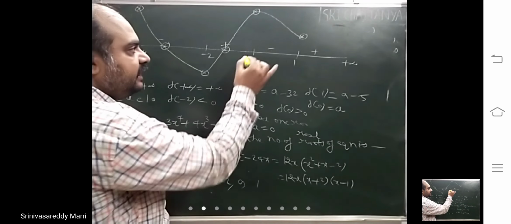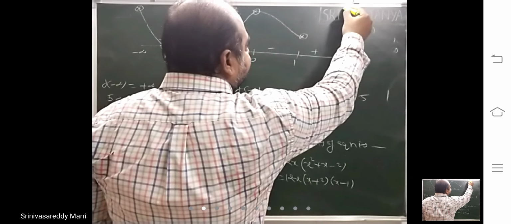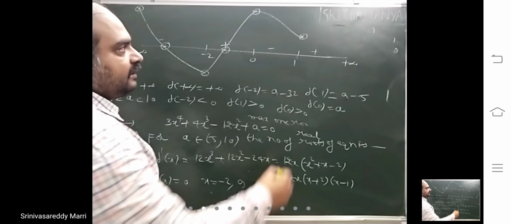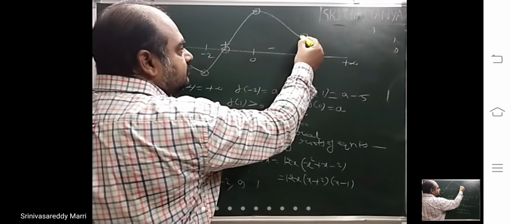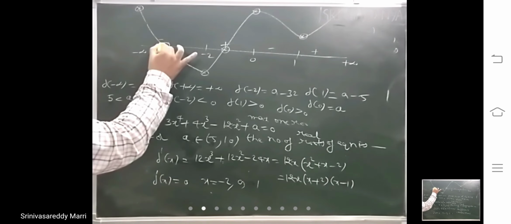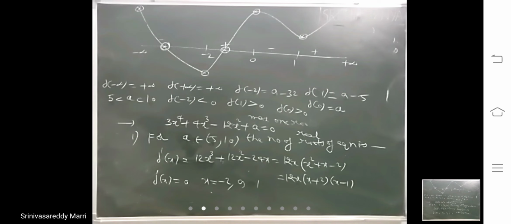There won't be any root between 0 to 1. f of infinity will be infinity, so bottom to top like this. How many roots are there? 1, 2. That means there will be 2 roots. Depending on the condition, you have to deal with it.